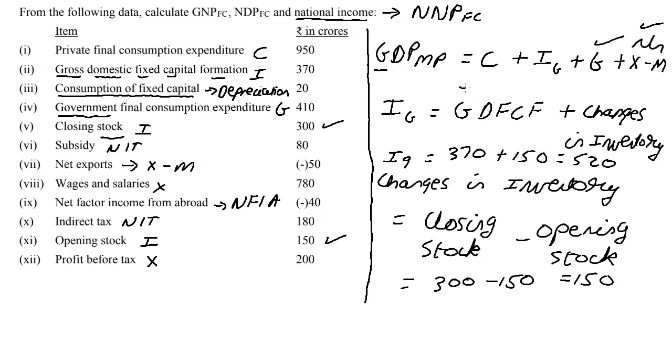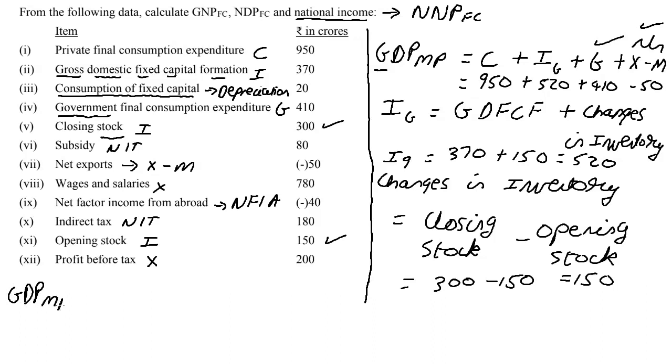So C is 950. IG, I have just calculated as 520. Government is 410, and X minus M, they've given us as minus 50. I'm just going to repeat that over here.